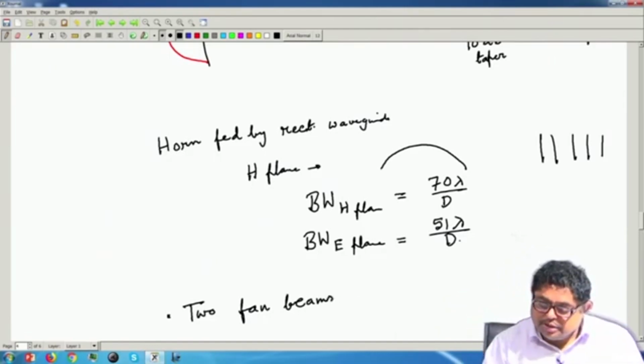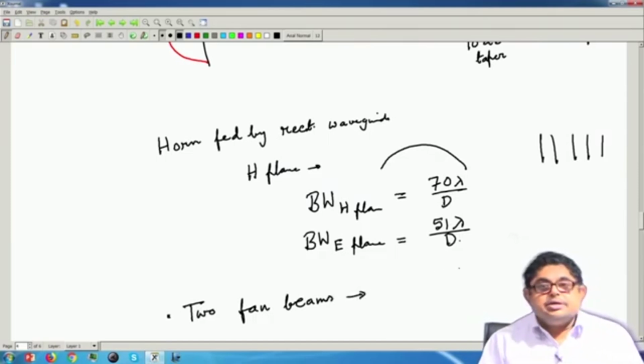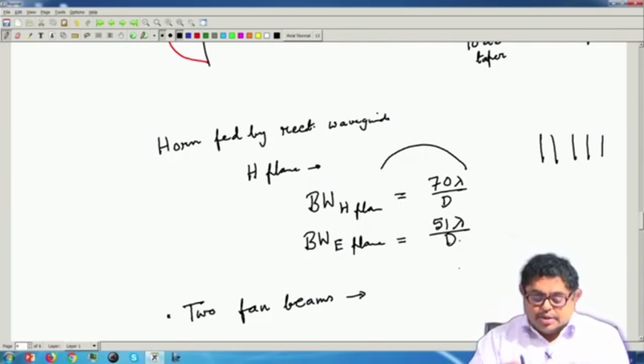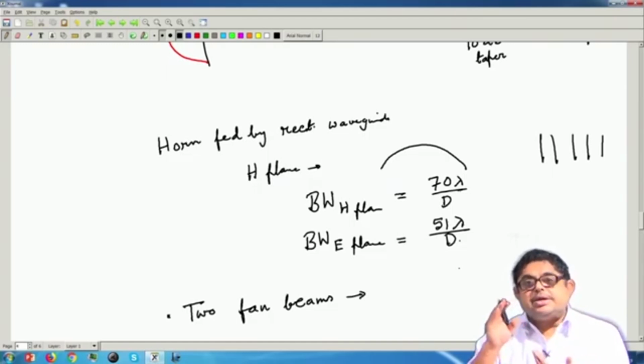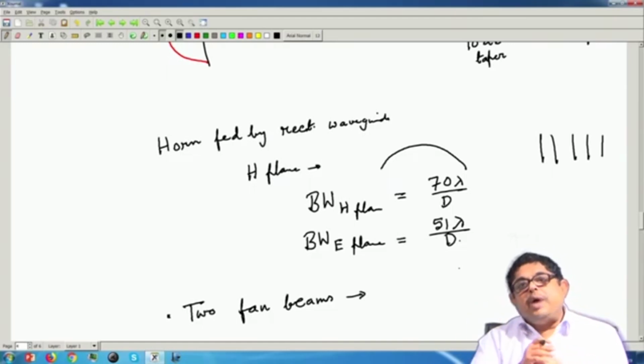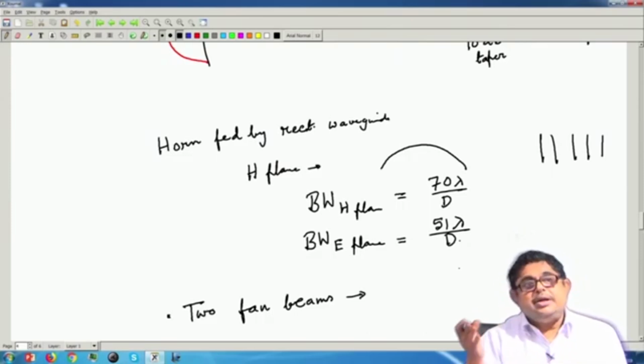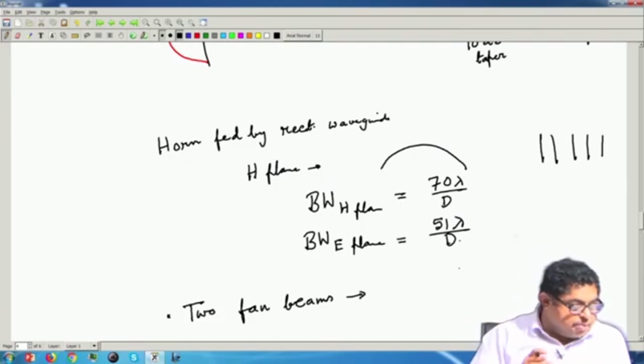So, with two fan beams, suppose first it tries to find the azimuth. It will use a fan beam which is narrow in azimuth and wide in elevation, and determine the azimuth position. Then it will switch on the second fan beam, which is narrow in elevation and wide in azimuth. By that it will determine the elevation information. So, by this a search radar operates.